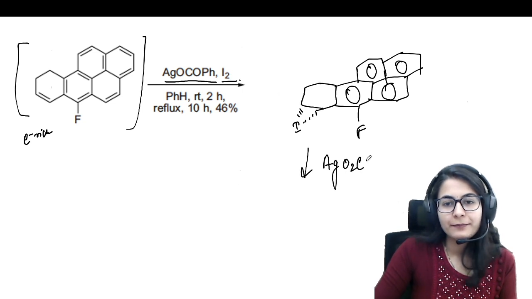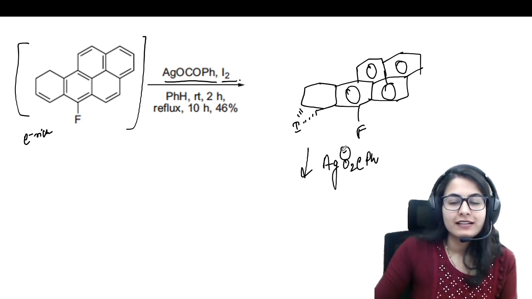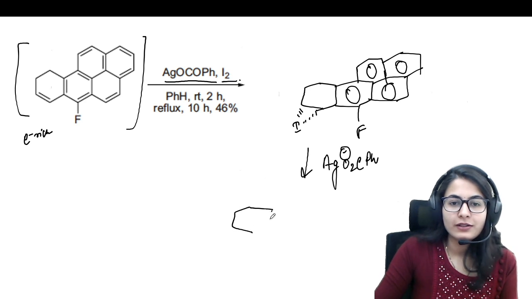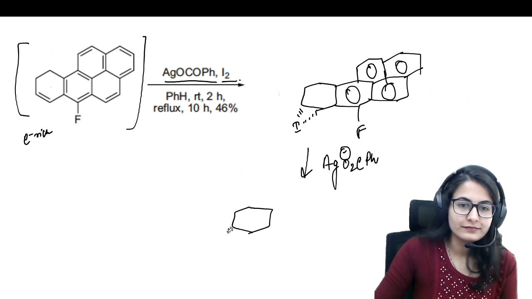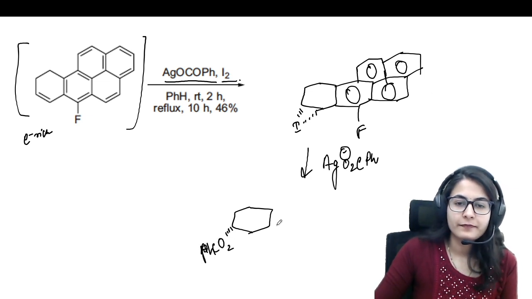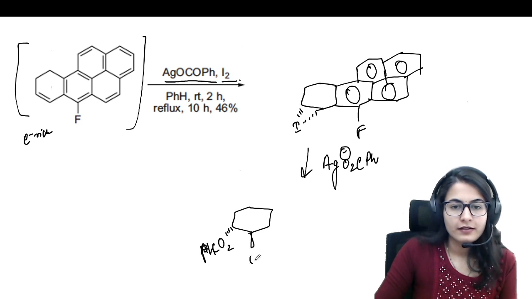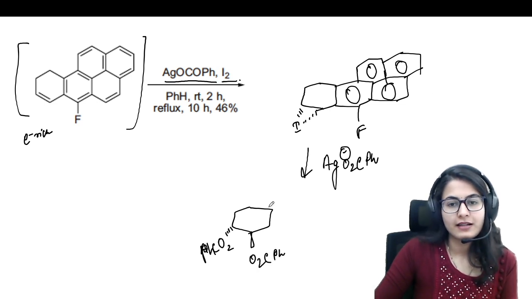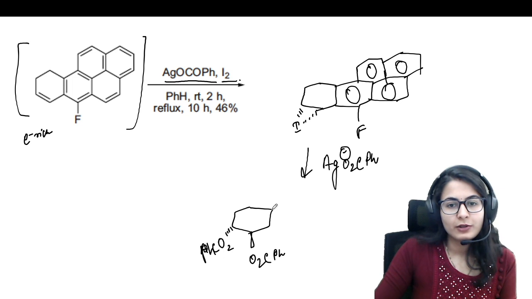Let's say we add benzoate. What are you going to get? You are going to get something like this, and the rest of the molecule.